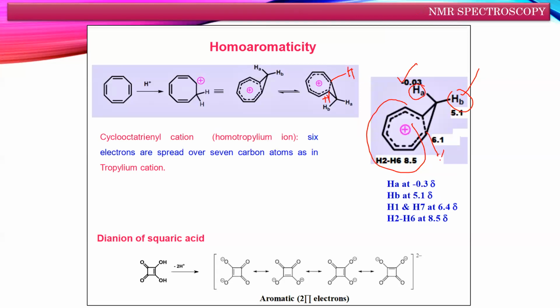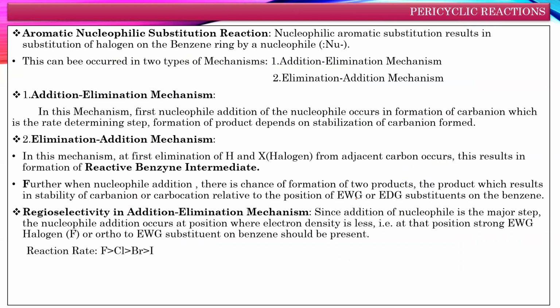This H is completely outside, 6.1. The remaining protons have 8.5 because they are nearer to this electron system. By going through this, you can understand why there is a difference, right?